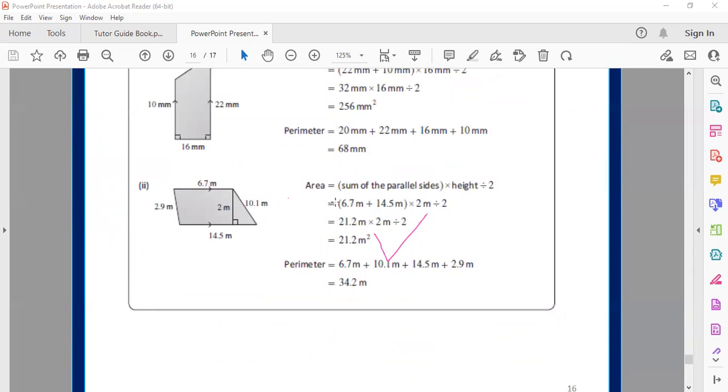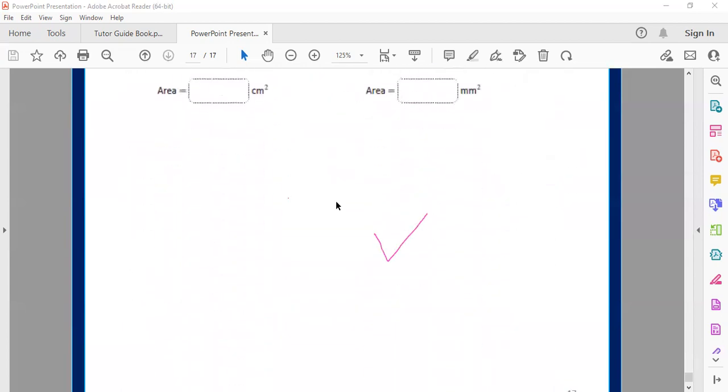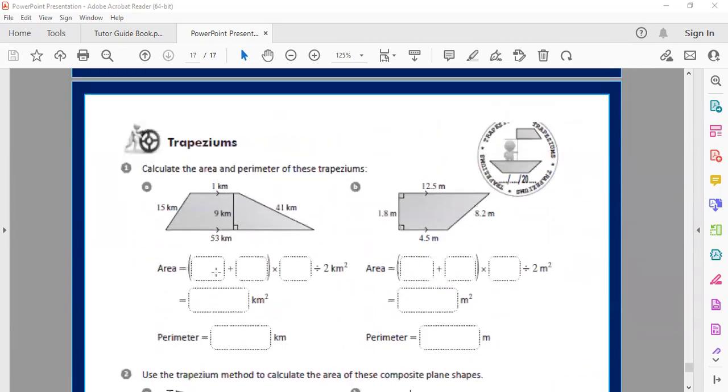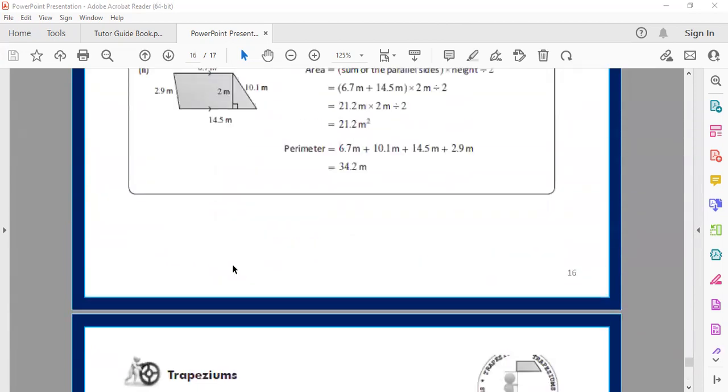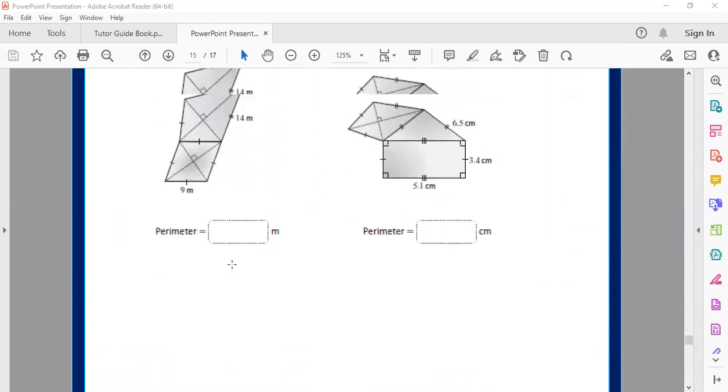You are applying your knowledge of finding area and perimeter in various types of shapes. Trapezium, calculate area and calculate perimeter. And that's it. So over here in this topic, literally, you are just calculating area and perimeter for different types of shapes. Trapezium, kite, rhombus.